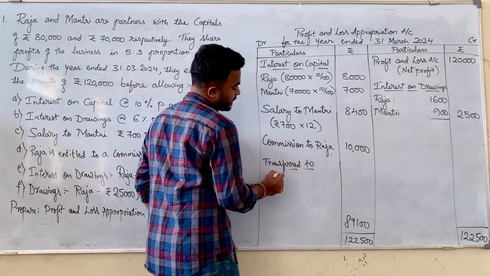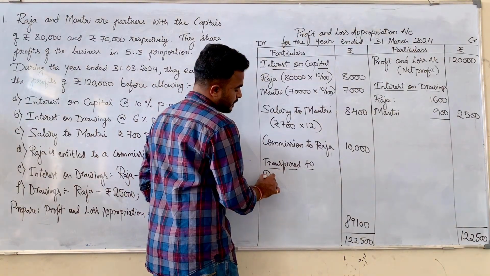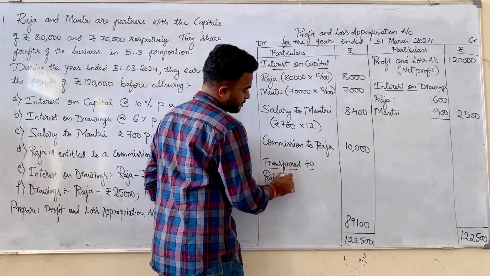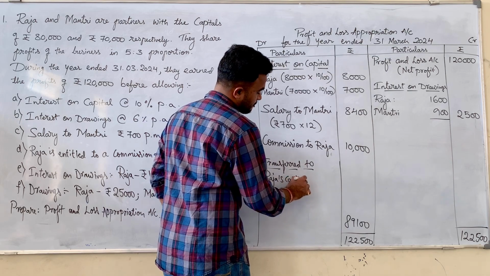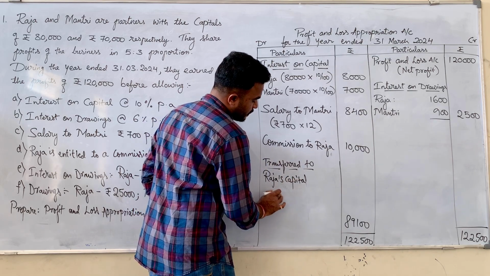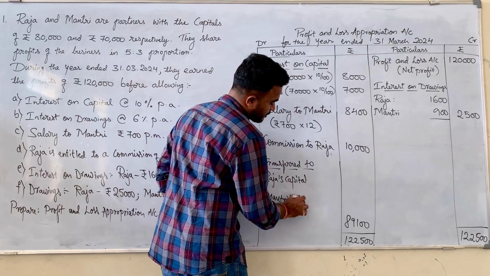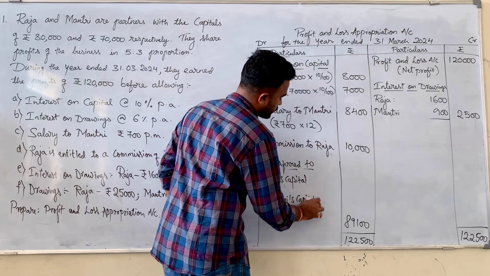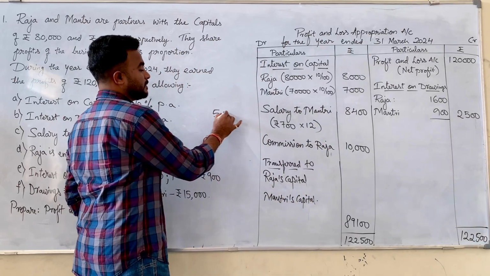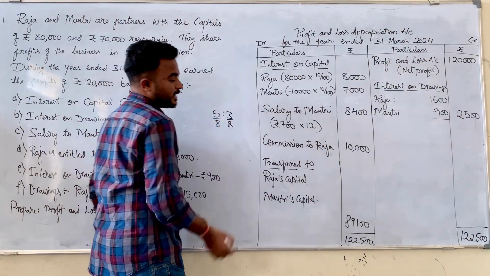And this 89,100 should be transferred to partners' capital. Who are the partners? Raja's capital. Next one is Mantri's capital. Do we know the profit sharing proportion? 5:3. 5:3 means 5 plus 3, total 8. So 5/8 and 3/8.